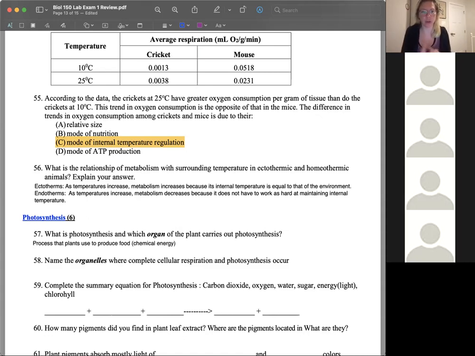And what do they use for that? What's the photo part there of photosynthesis? From the light. Yeah, from light. So we're making chemical energy from light energy, which is pretty awesome. So yeah, photosynthesis is creating chemical energy from light energy.